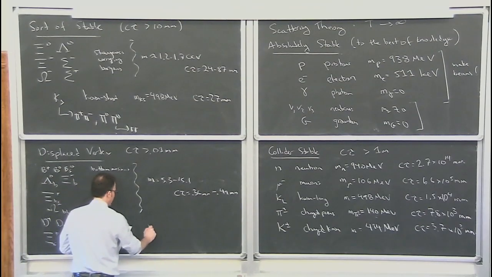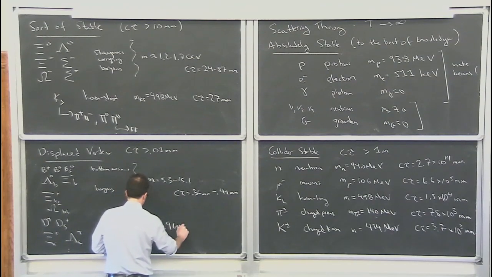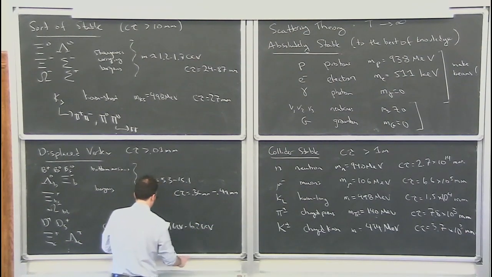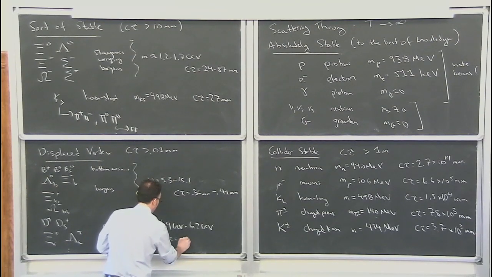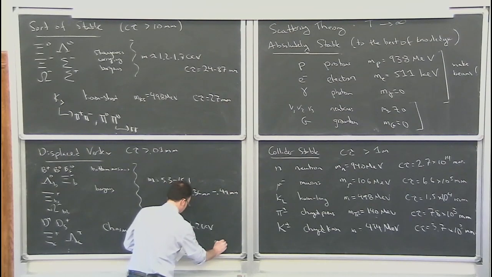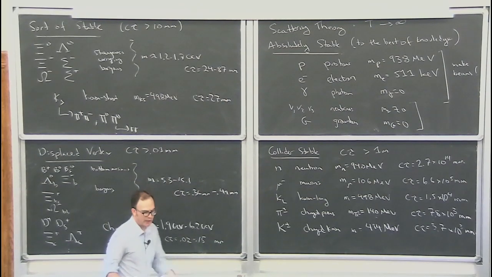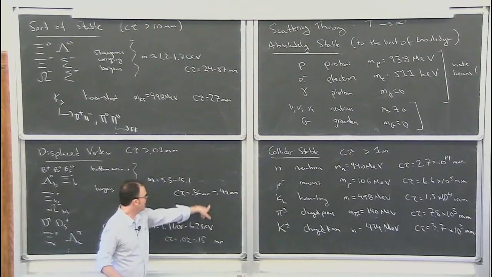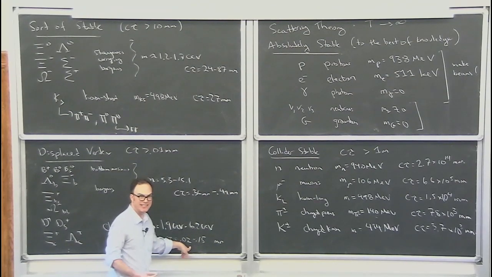These have masses somewhere between the 2 GeV scale and the 6.2 GeV scale, with lifetimes that span a range from 0.02 millimeters all the way out to 0.15 millimeters. Depending on where you are in this range, if you're at the higher end, then you end up looking a little bit like this displaced bottom signature. If you're at the lower end of the range, then you don't see a displacement at all.